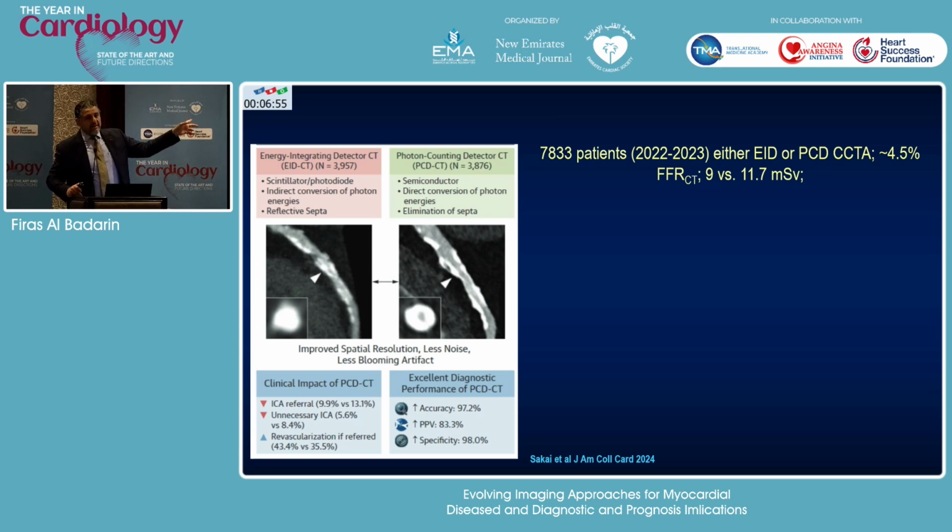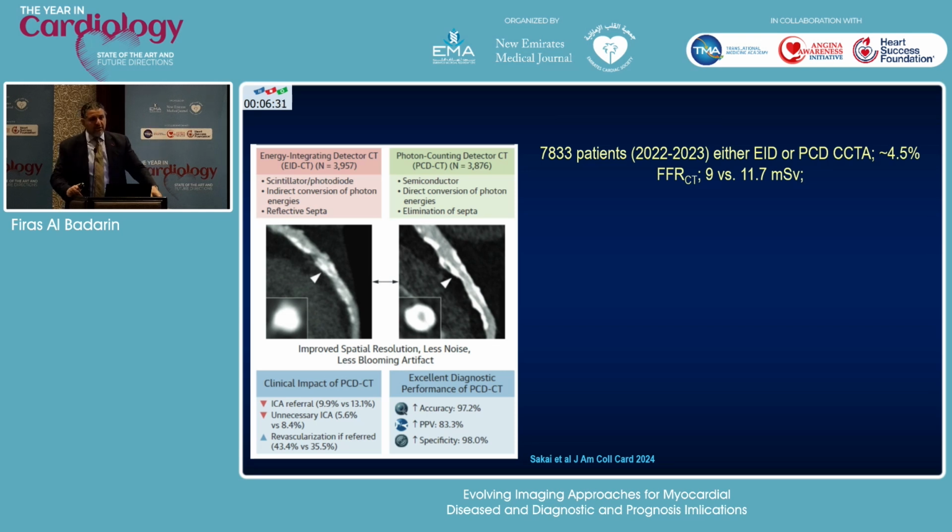This is a cardiac CT. On the left was obtained with a conventional CT that we all have. On the right is the one obtained with photon counting CT, and you see your ability to differentiate the vessel lumen from the calcium, your ability to determine stenosis severity was significantly improved.